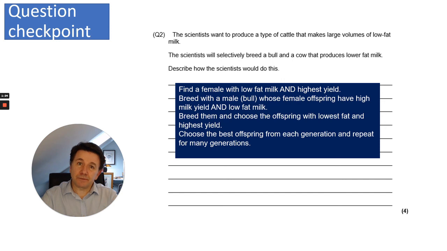You then choose the offspring with the lowest fat and the highest yield, and then you repeat this. So therefore you choose the best offspring, so the bull and the cow, and then you breed them together for many generations. So again, it's very similar to the last question.